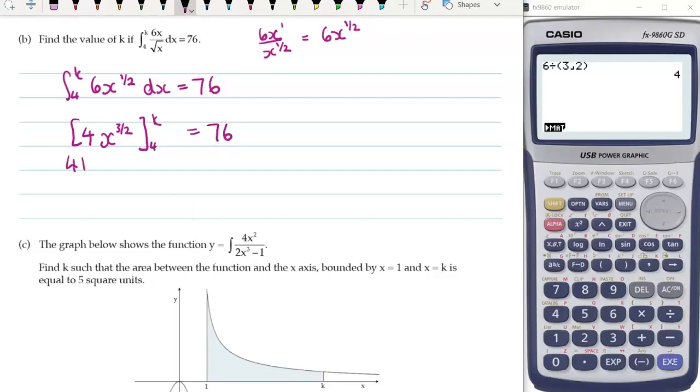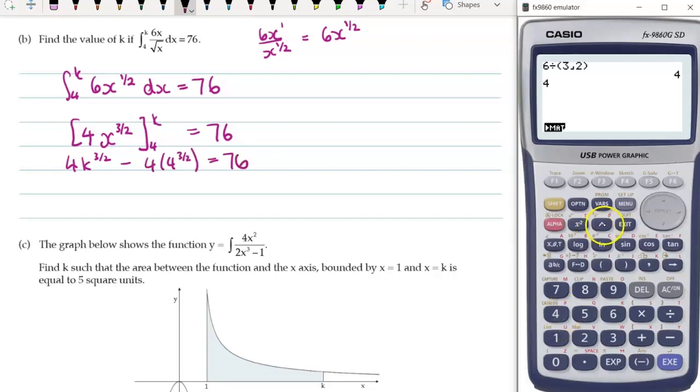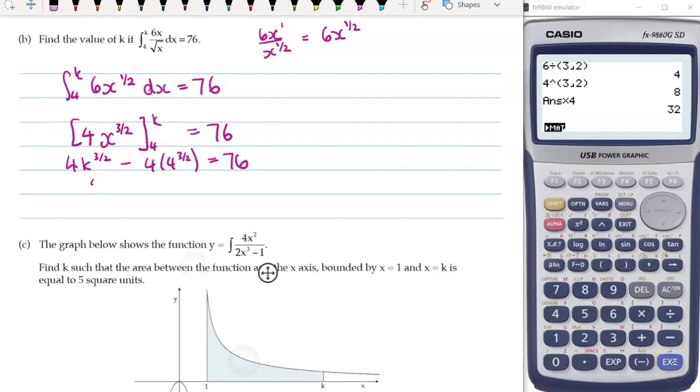So 4k to the 3 over 2 minus 4 times 4 to the 3 over 2 equals 76. So let's do 4 to the power of 3 over 2 times that by 4 and subtract, let me do this one bit at a time. 4k to the 3 over 2 minus 32 equals 76.